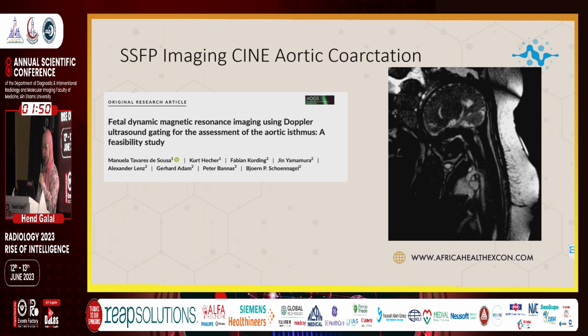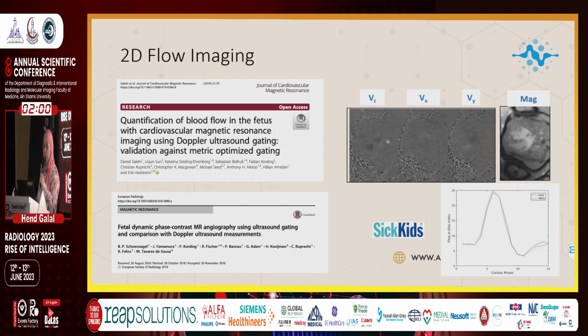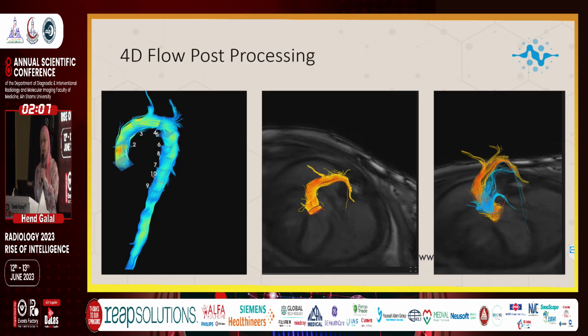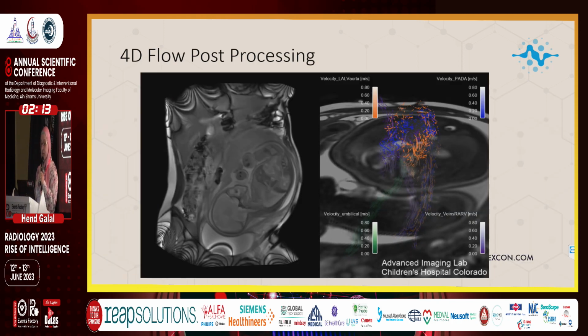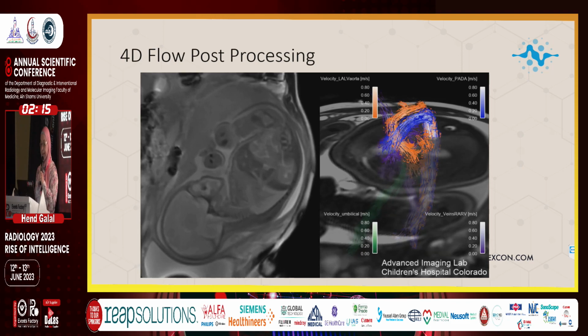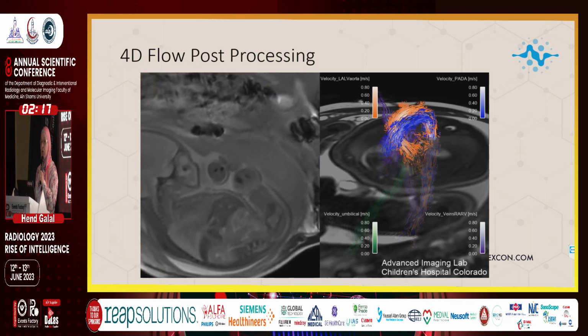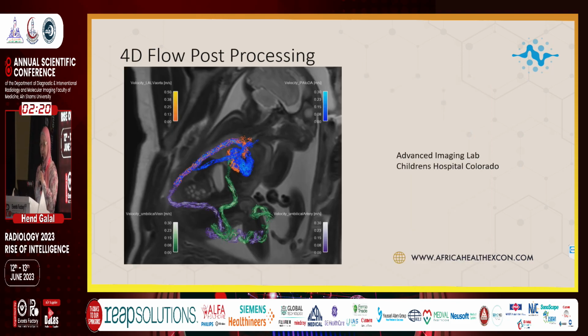Also, all congenital heart disease could be easily detected and diagnosed, like aortic coarctation. Also, 2D flow images can be obtained with the fetal heart, and 4D flow post-processing, as we do with the adult heart, with all functional assessment.